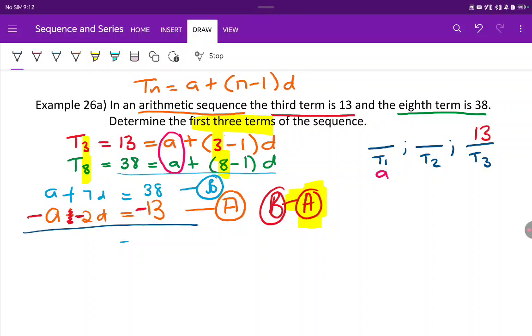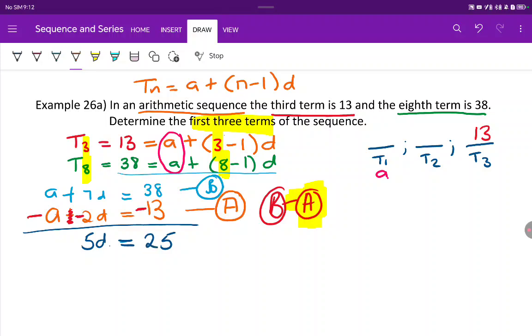And then we subtract. a minus a is nothing, we don't write anything there. Then 7d minus 2d gives us positive 5d equals 38 minus 13. So 8 minus 3 is 5, and 3 minus 1 is 2. 5d equals 25.